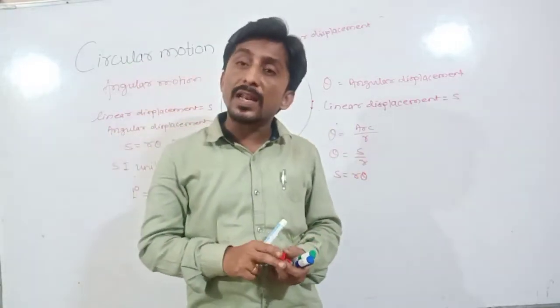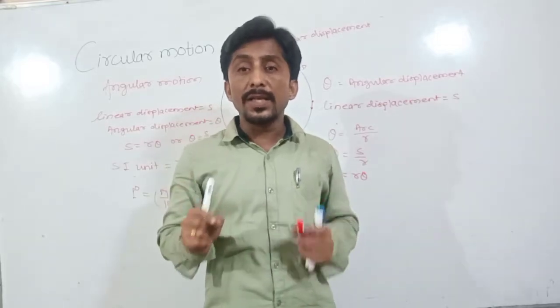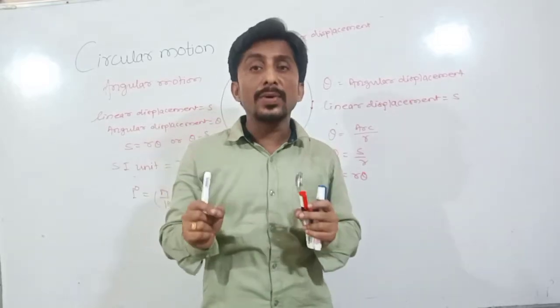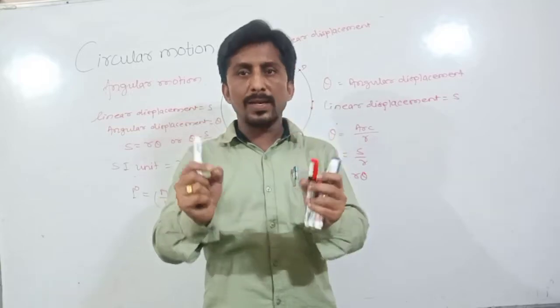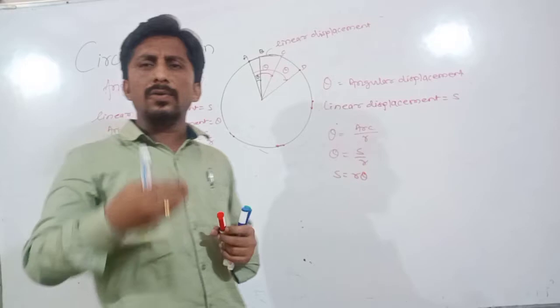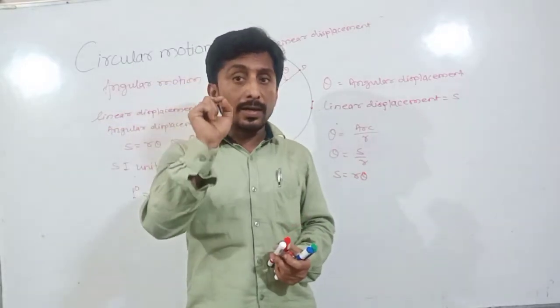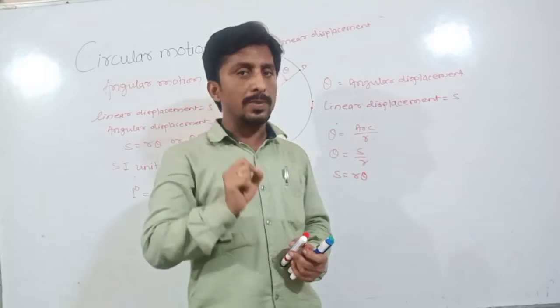Angular velocity must have a direction, because what is a vector quantity? A physical quantity which needs both magnitude and direction to explain is a vector quantity. So angular displacement, angular velocity, all of these are vector quantities, and we need to tell the direction of this angular displacement.